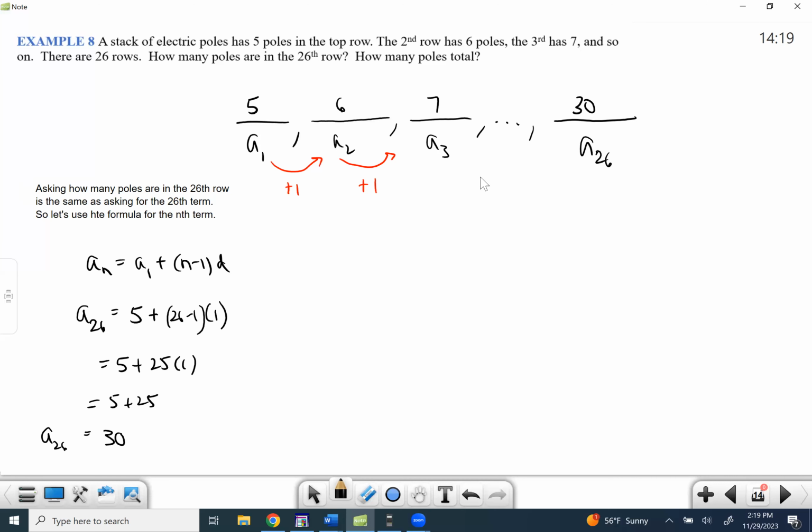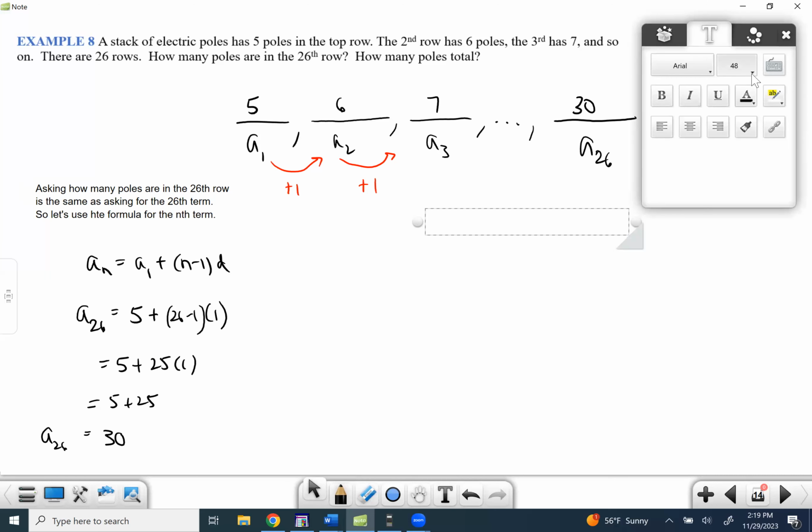All right, now there's a second question. It says how many poles total? Okay, so when it says how many poles total, that sounds like it wants us to add up all the terms, right?